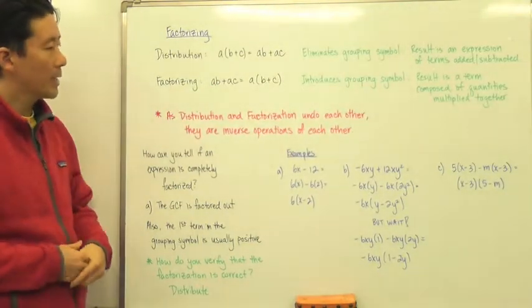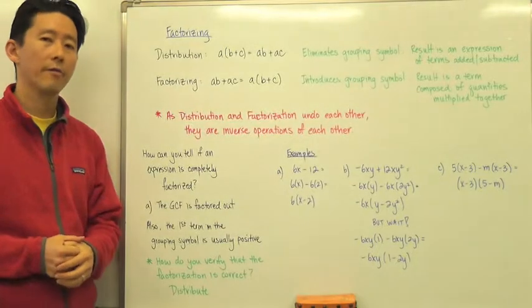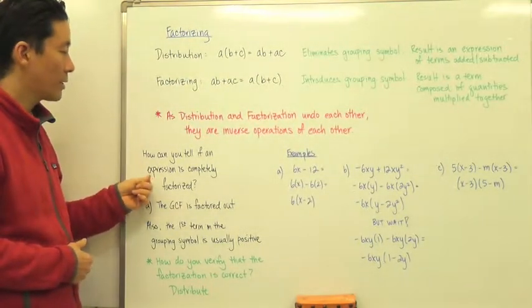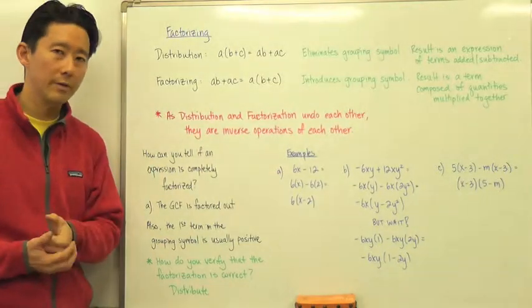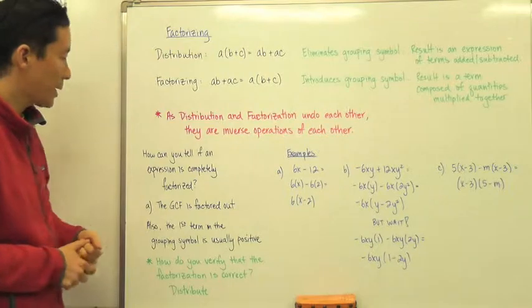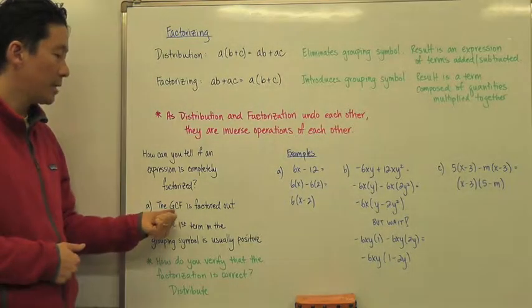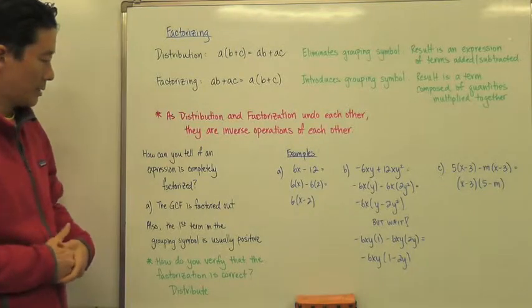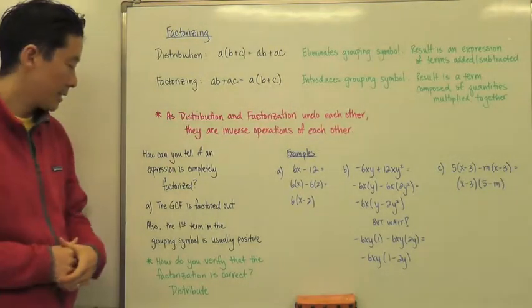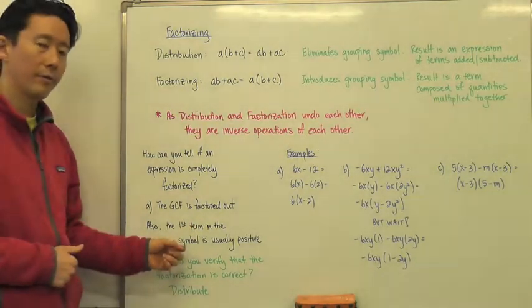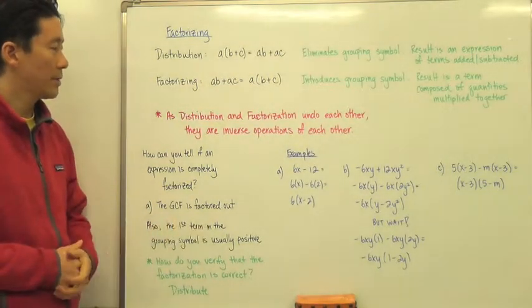Now, before we get into any of the examples of how we can factorize, let's make sure that we know exactly what we're trying to aim for, because we don't just want to factorize, we want to completely factorize. Now, what does that mean? That means that your greatest common factor is factored out. Also, in terms of the way that we write things in mathematics, the first term in the grouping symbol after you factorize is usually positive.